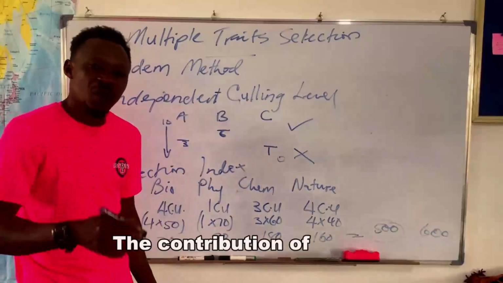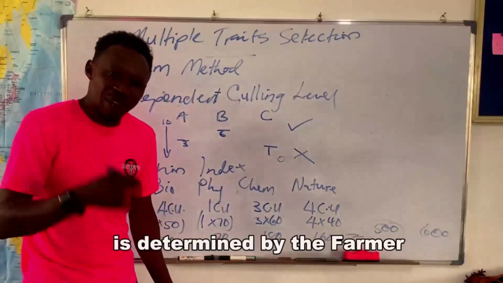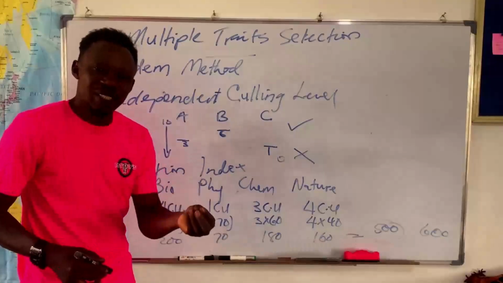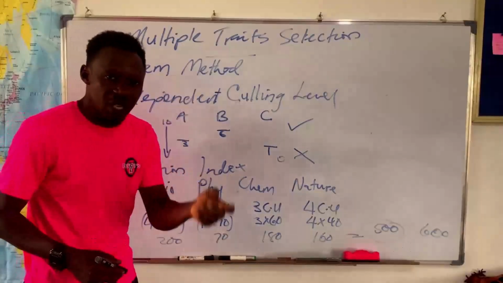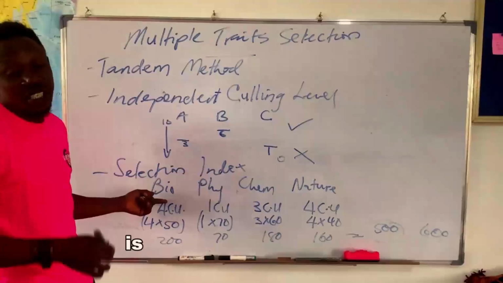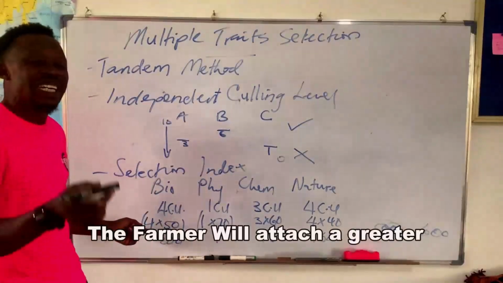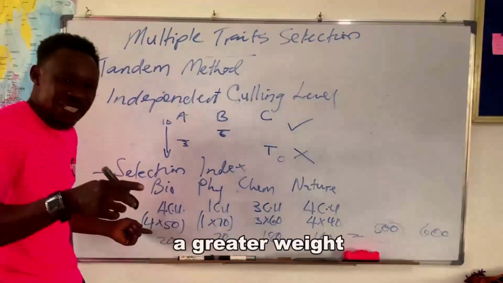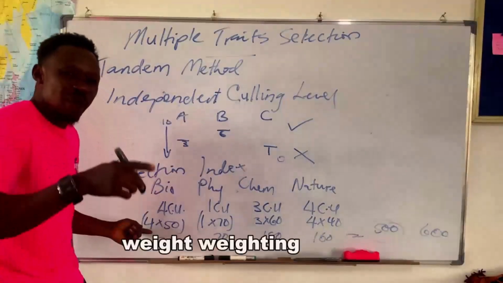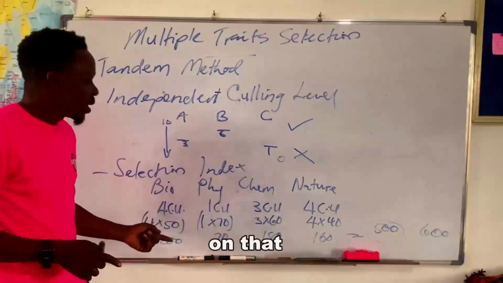The contribution of the trait is determined by the farmer according to the economic importance of the trait. So if milk production is important, the farmer will attach a greater coefficient, a greater weighting measure on that.